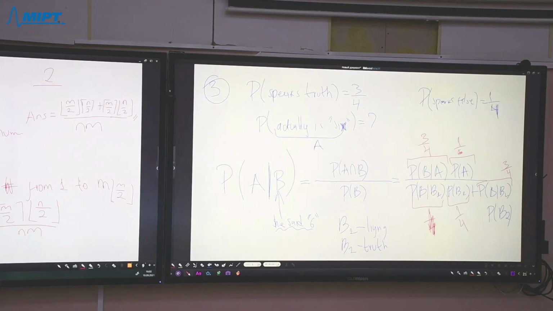Right, so this one is the probability that he said 6 if he's saying the truth, so 3/4.